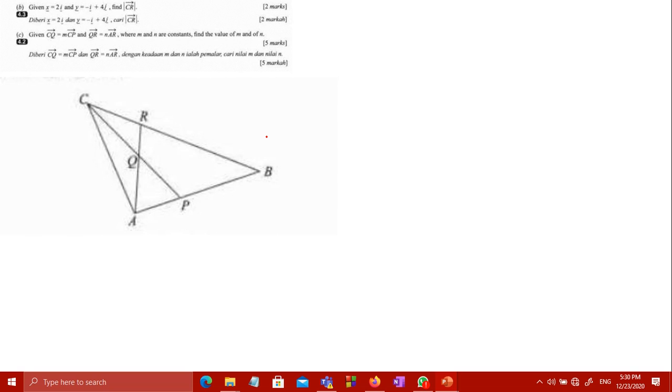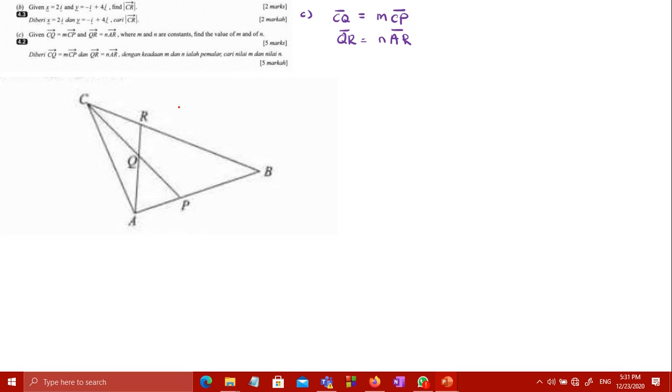Okay, let me enlarge the diagram over here so that you have a better look of it. Suppose we are given vector CQ equivalent to this. Actually I'm just listing all the information given, nothing so special. From here, CQ and CP, which one do we know better? CP, right?